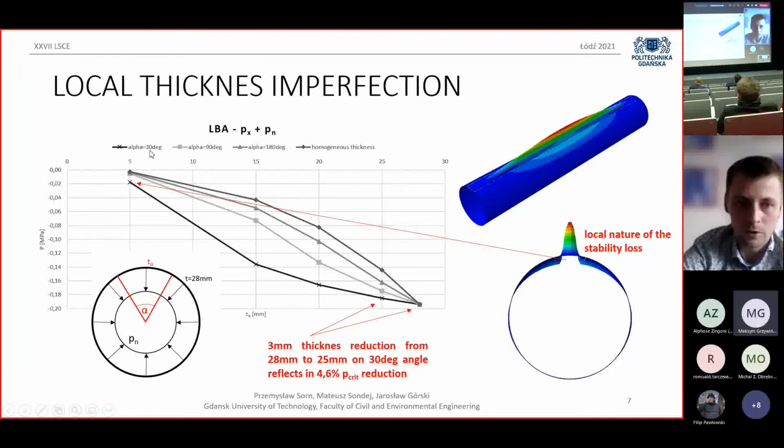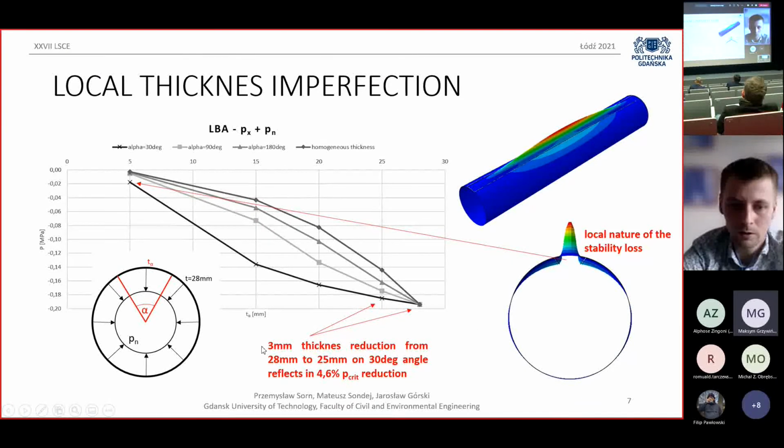We analyzed three different angles: 30, 90, and 180 degrees. Each line describes one of them. Also, we checked it for different thicknesses: 28, 25, 20, 15, and 5 millimeters.